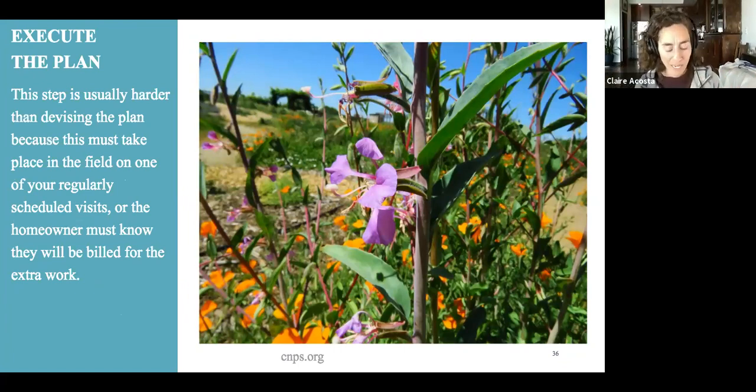If that's applying some kind of neem or something like that, or pruning, or whatever your solution is, execute it, but make sure you work your plan and be systematic about it. Going back to addressing your irrigation first: say you're having plant failure and maybe root rot is happening.